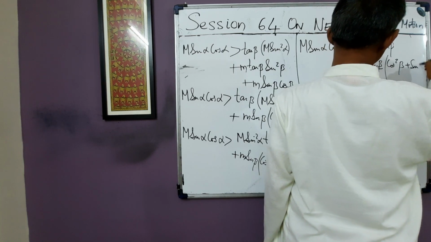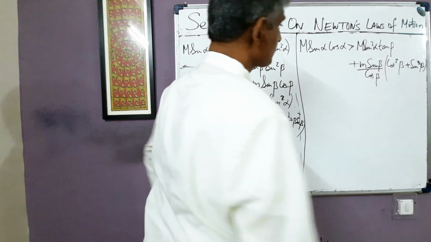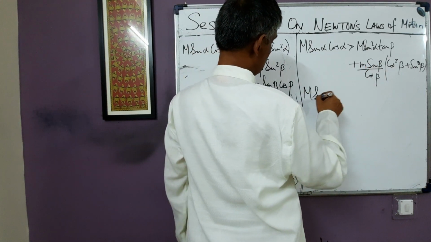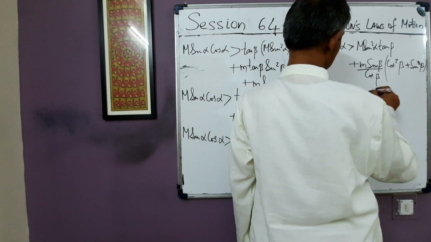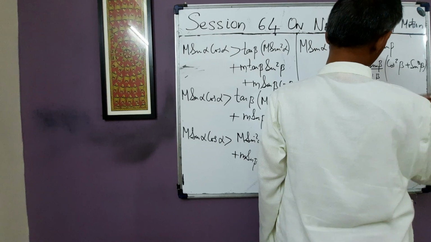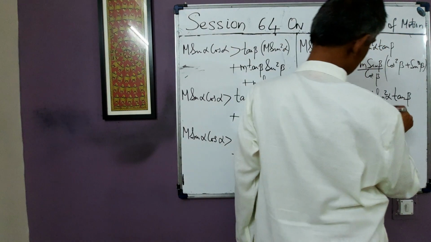And this becomes 1 from the trigonometry formula, and this sin cos becomes tan. M sin alpha cos alpha is more than M sin square alpha tan beta, this becomes 1, and sin by cos becomes tan.